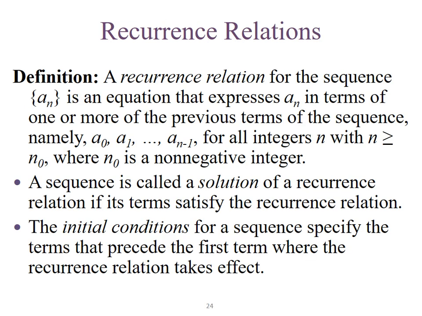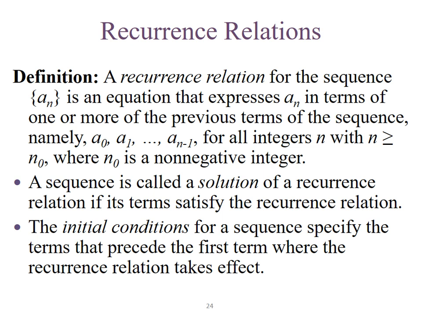Maybe we can review the definition of recurrence relations again. Actually, a recurrence relation is for a sequence. If you can express a_n using one or more previous terms, then that will be a recurrence relation.